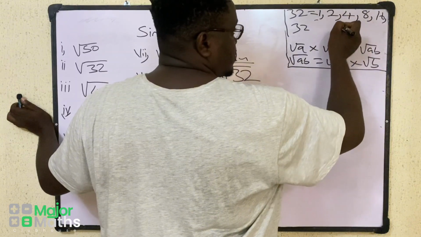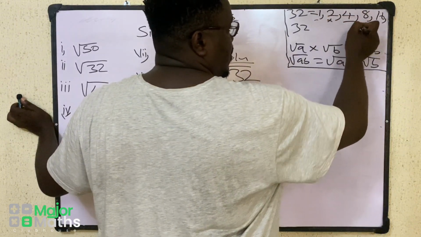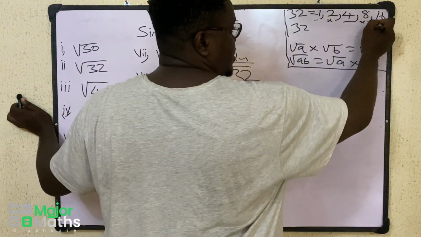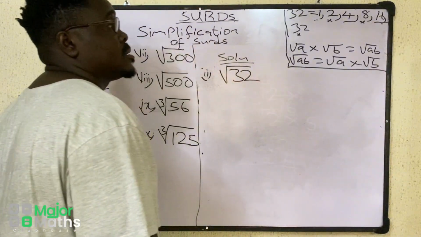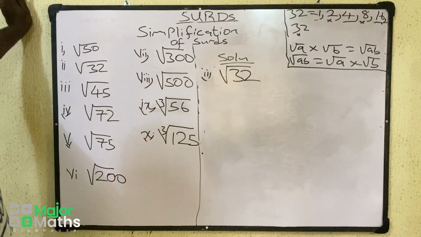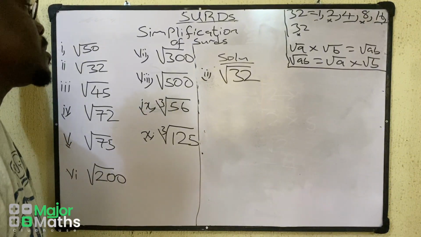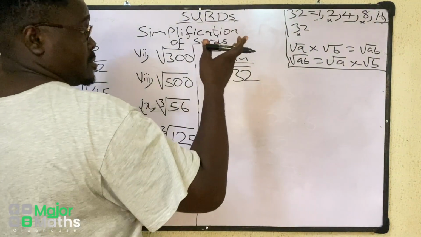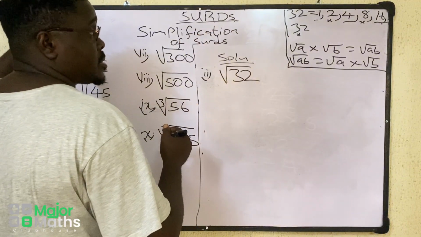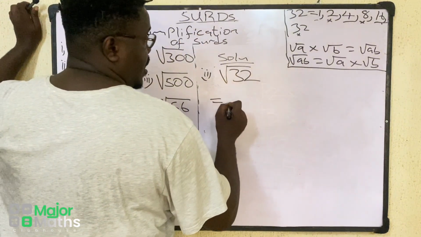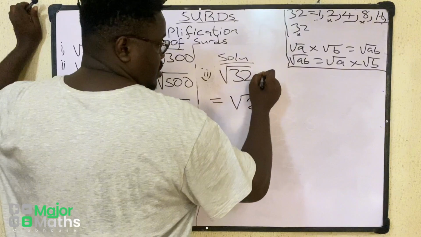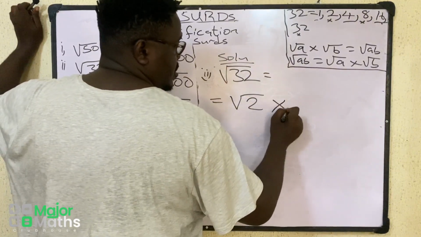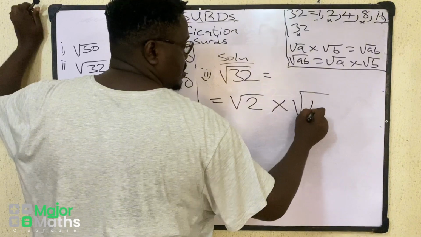We find the factor that's also the highest perfect square in this chain. We have 1 as a perfect square, 4 as a perfect square, 16 as a perfect square. So 16 is the highest factor that is also a perfect square. 16 times 2 is 32. So our value here will be root 2 times root 16.